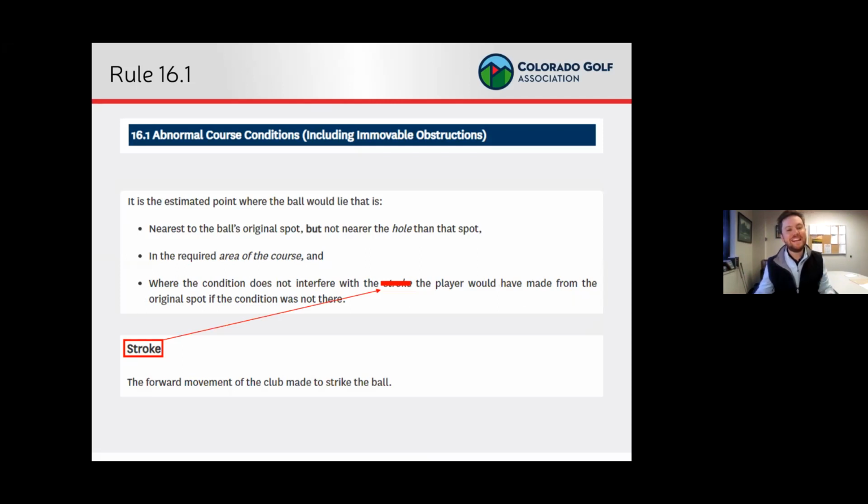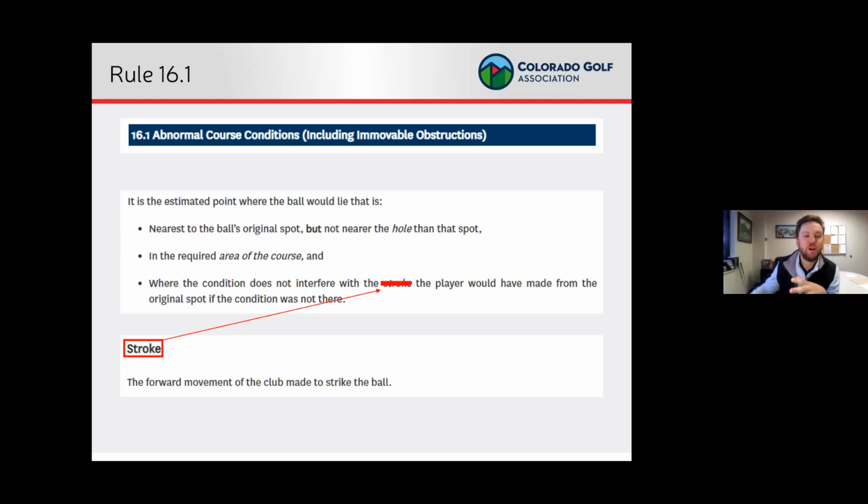The player. So in that vein, I don't think it makes that much sense. I think it would sound a little better if it said where the condition does not interfere with the area of intended swing or lie of ball that the player would have had from the original spot if the condition was not there.